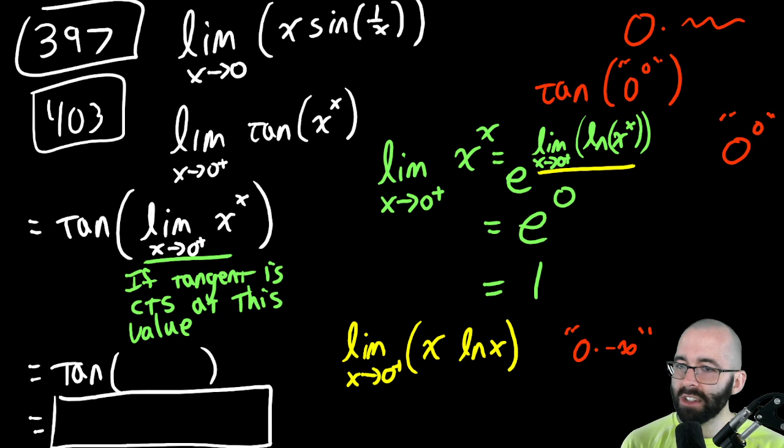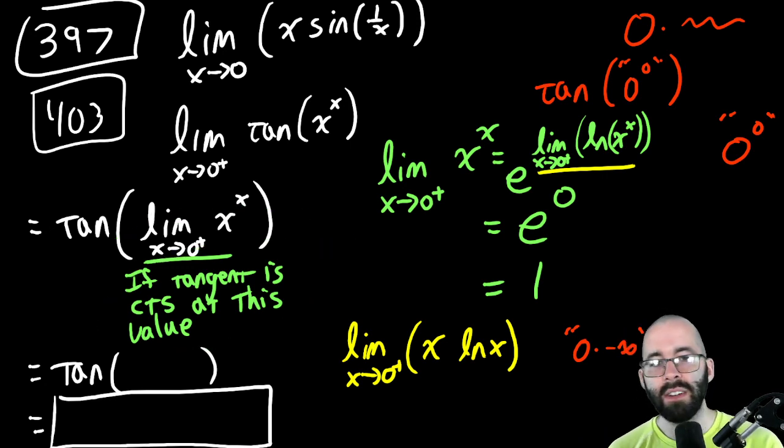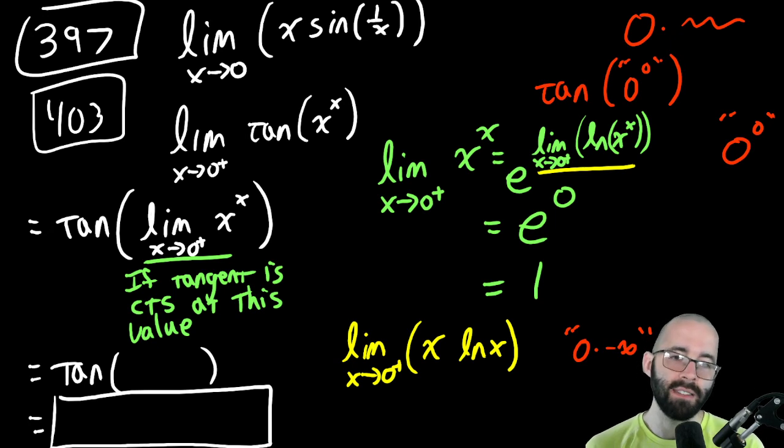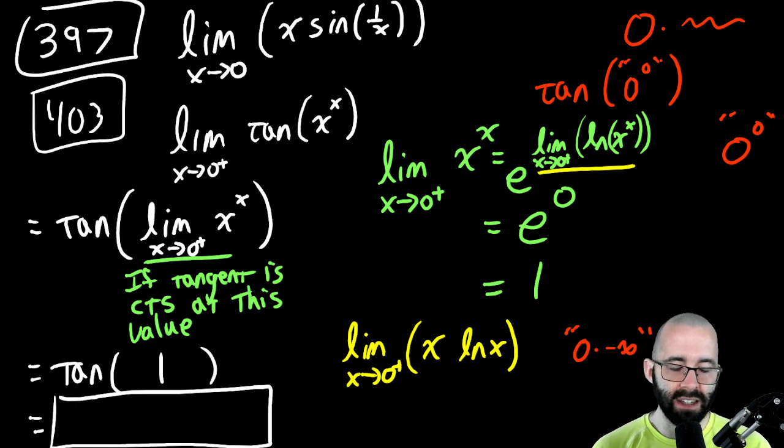So is tangent continuous at this green value? Is tangent continuous at 1? Yeah, it is. Tangent's continuous at 1. So this green thing is 1, so this equals the tangent of 1, using that function composition theorem from chapter 2. What's the tangent of 1?